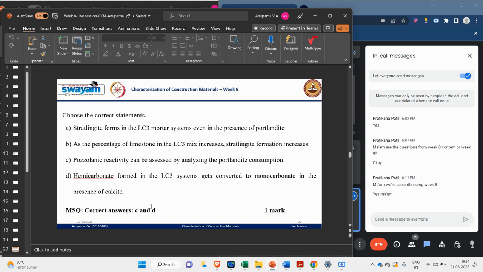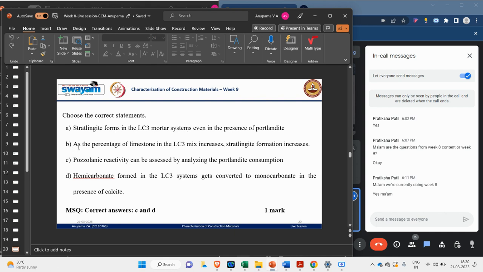It forms its initial peak in XRD at 7 degrees. Now, this stratlingite cannot form in the presence of Portlandite. Only if all the Portlandite is consumed does stratlingite formation happen. It's very interesting, right? You cannot have a Portlandite and stratlingite system. Once the Portlandite has been consumed, stratlingite starts forming. So the first statement is a wrong statement.